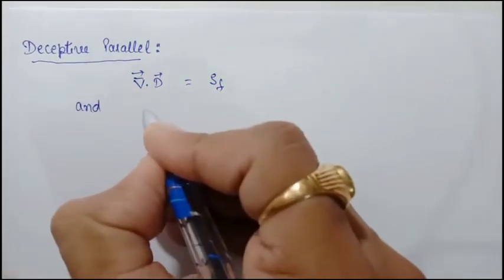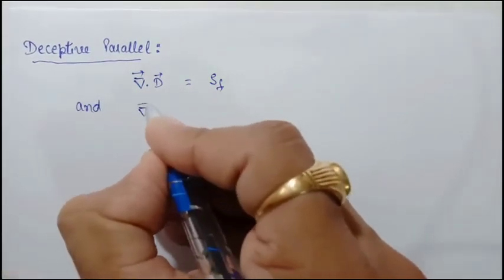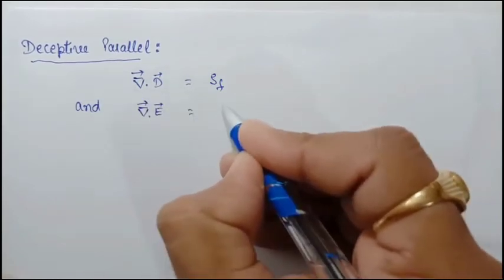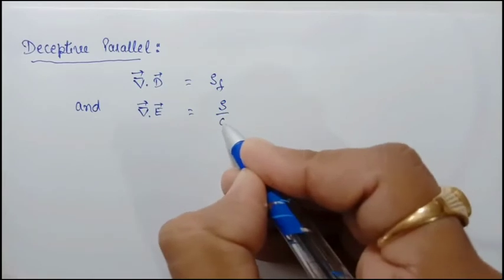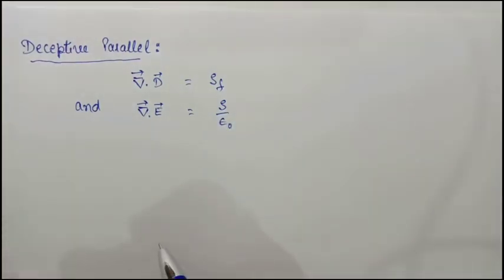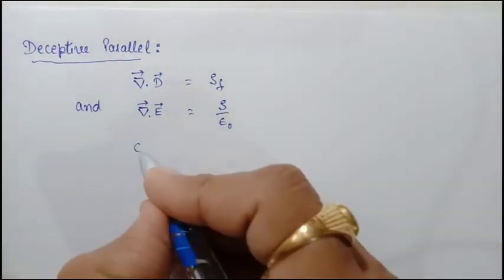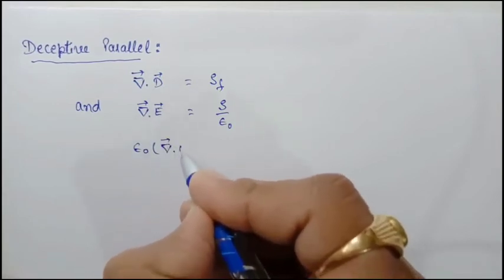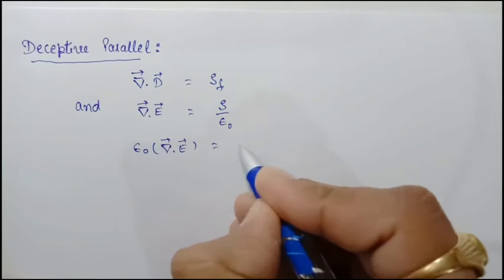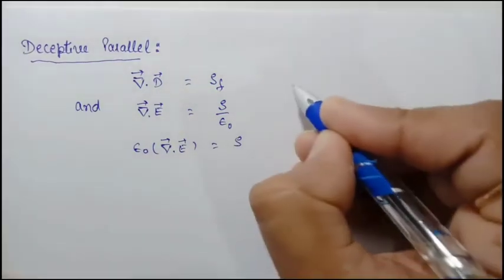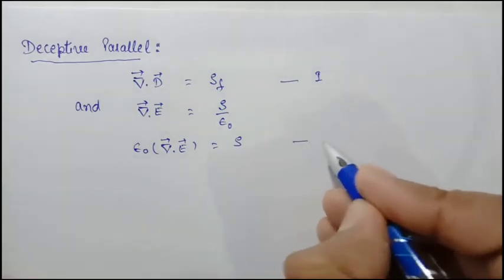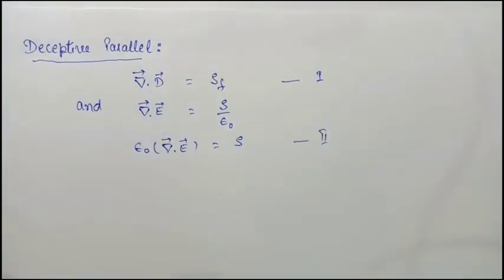And second, we have divergence of electric field is equals to rho over epsilon naught. So this is Gauss law in vacuum, or we can write epsilon naught del dot E equals to rho. So this is the equation for Gauss law in presence of dielectric, and this is the Gauss law in the vacuum.